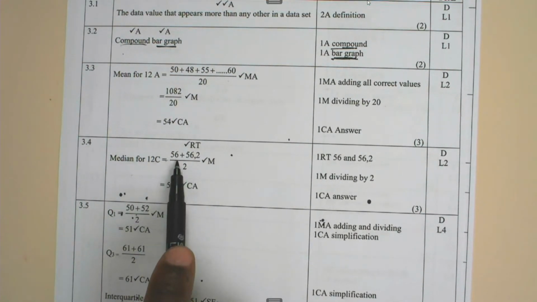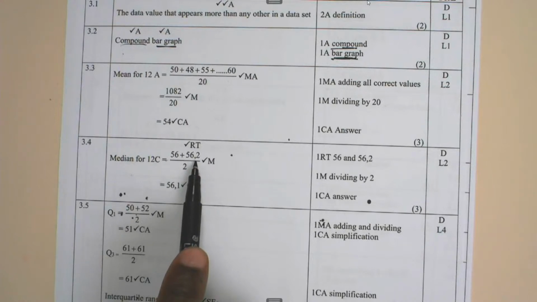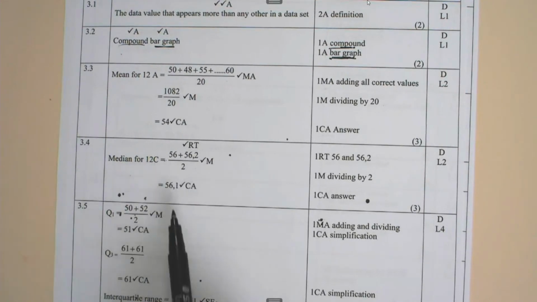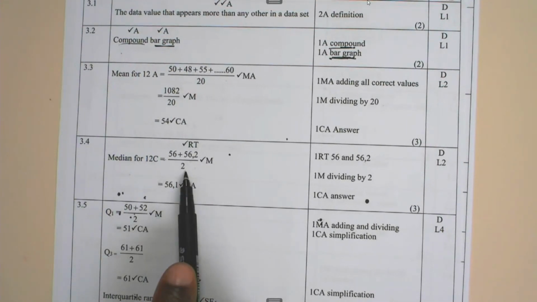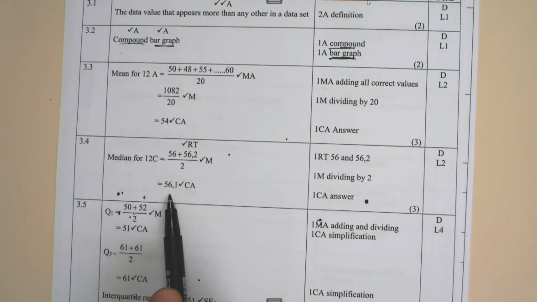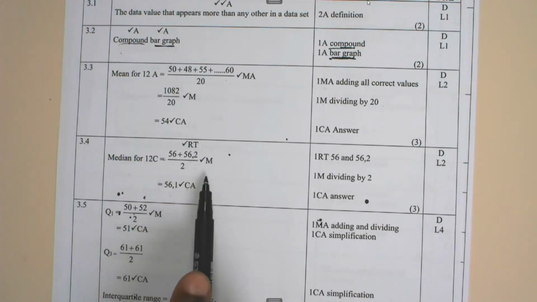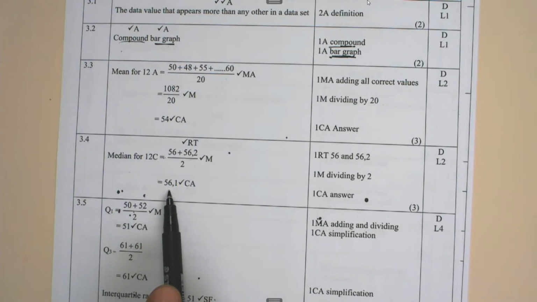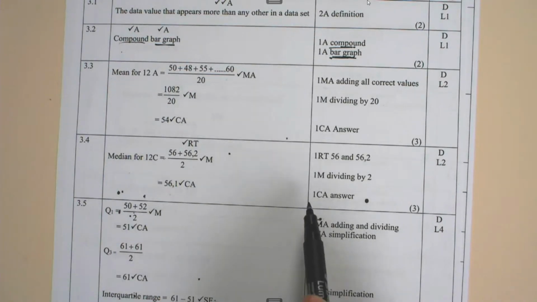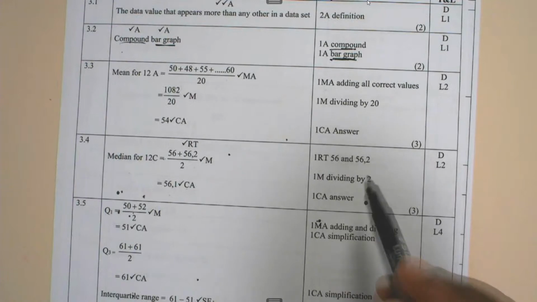So that is 56 plus 56,2, 1 mark, and then for dividing by 2, another mark, which is the method, and then 56,1. The answer, the learner will get full marks for doing that.